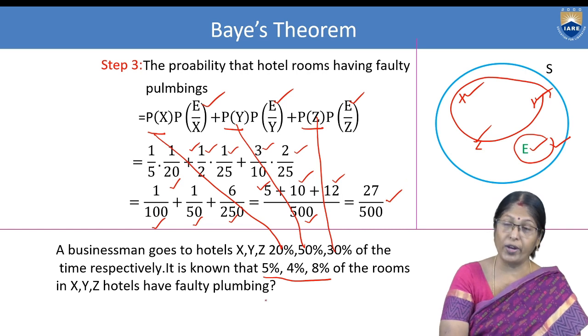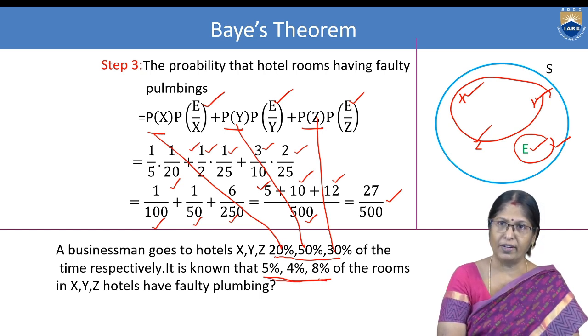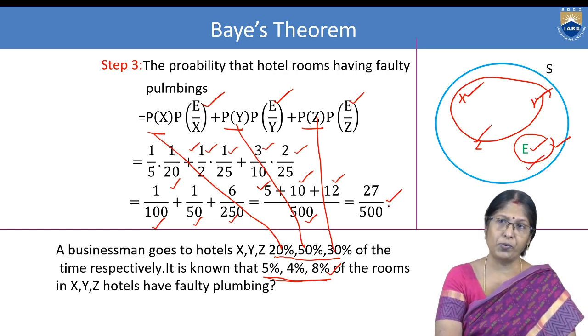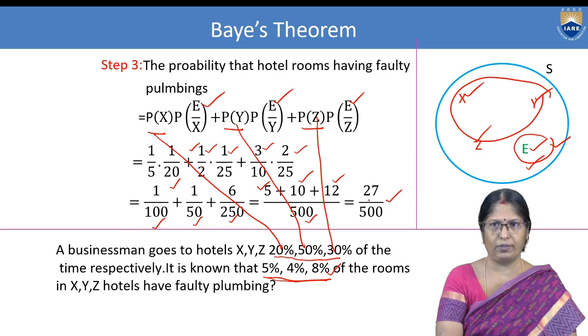So this is the question. The first step, main event. Second step, what we completed, that is a new event that should intersect with our main events, that is capital E. Third step, it's nothing but the total probability of the new event, this capital E. So step 1, step 2, step 3, all 3 steps are common for every problem of Bayes.